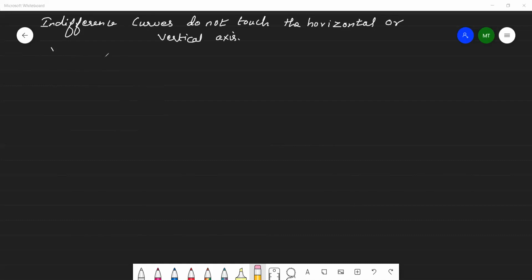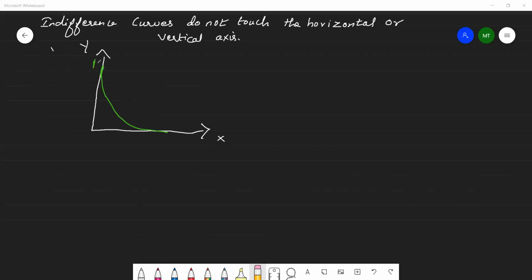So first, x-axis, y-axis. The curve comes like this.